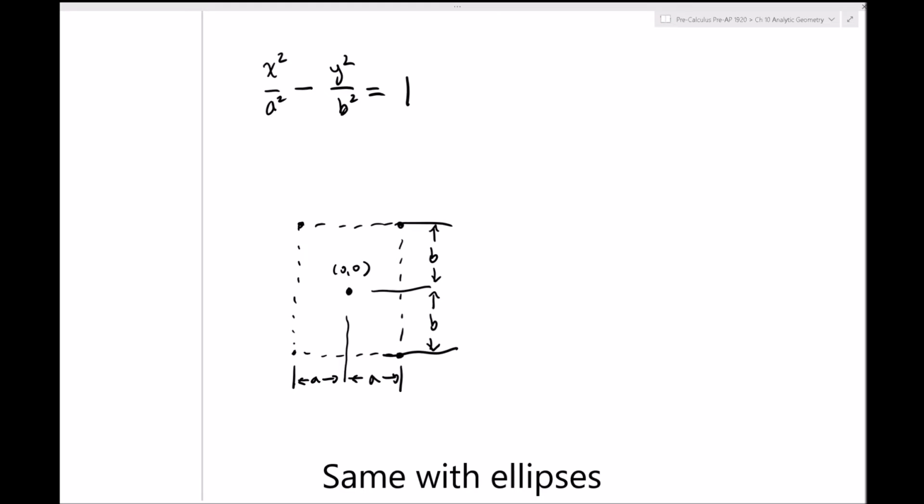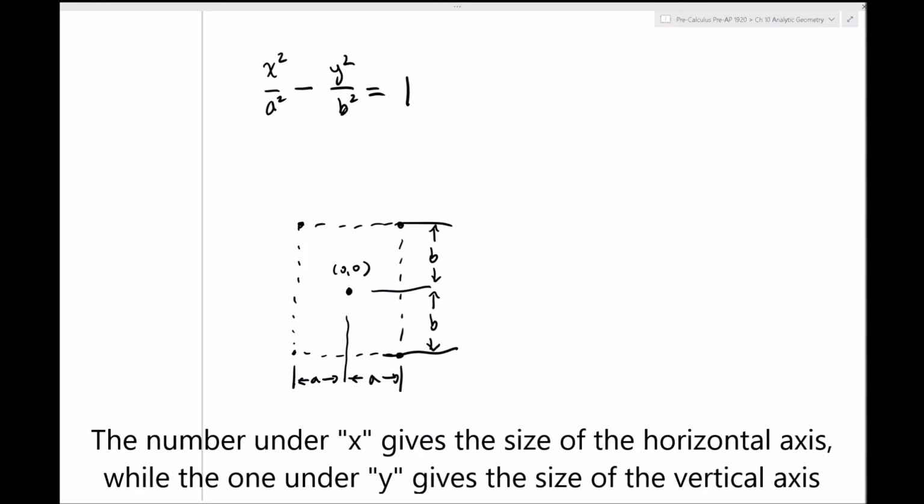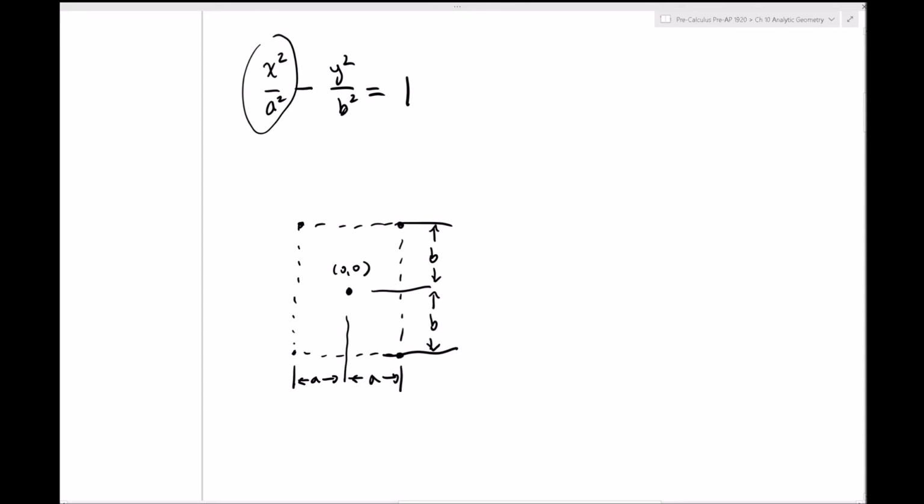So then, the vertices, it depends on if this is oriented vertically or horizontally. If the X term is positive, this is horizontal. Let me write that on the side, horizontal when X is positive, the X term, that is. It's vertical when the Y squared term is negative.